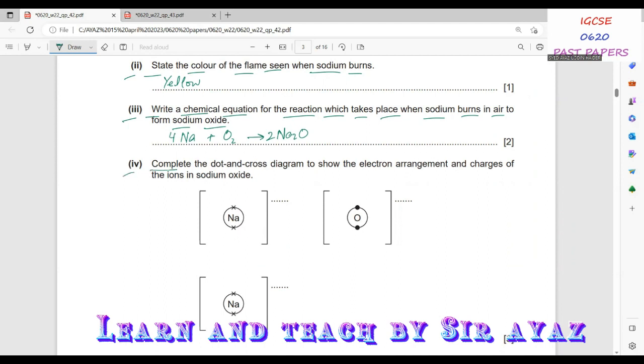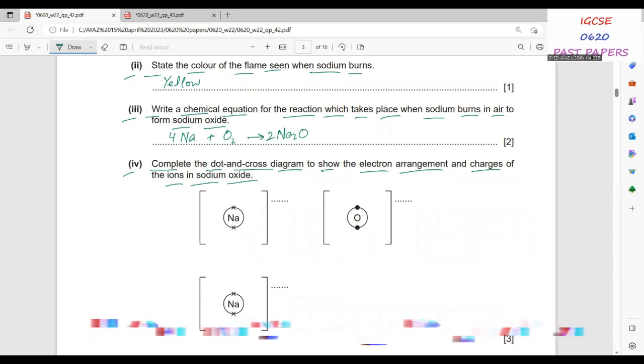Number 4, complete the dot and cross diagram to show the electron arrangement and charges of the ions in sodium oxide. There are 2 sodium atoms. Each sodium atom has lost 1 electron, so they will definitely acquire +1 charge or plus charge. Now the proton number of sodium is 11.